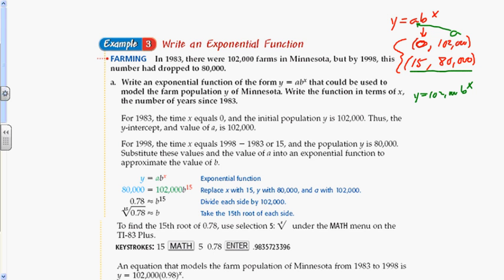And that's where this comes in. So we know we have 80,000 farms when it's 15 years later.